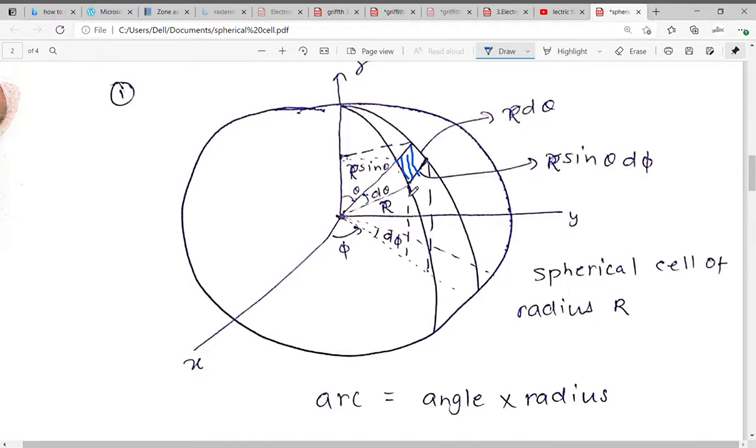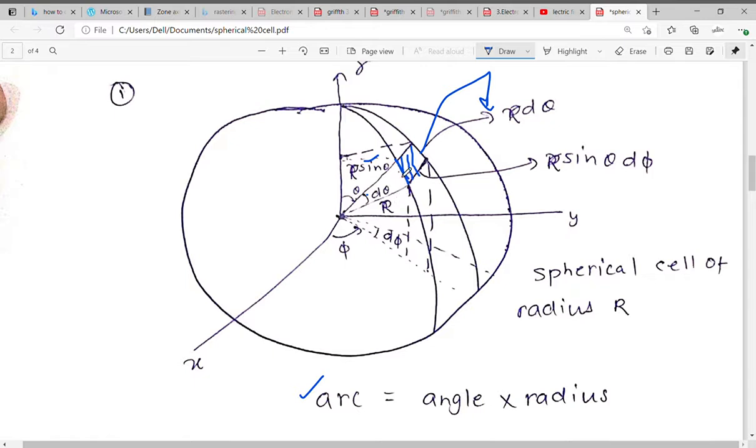From the formula arc equals angle into radius, this side will be r d theta. And this is r sin theta, the perpendicular to the z axis from this area element is r sin theta. This is r and this is r cos theta, so this will be r sin theta.